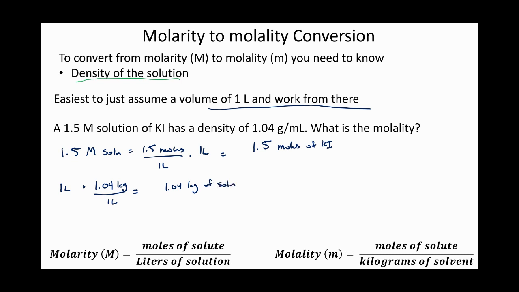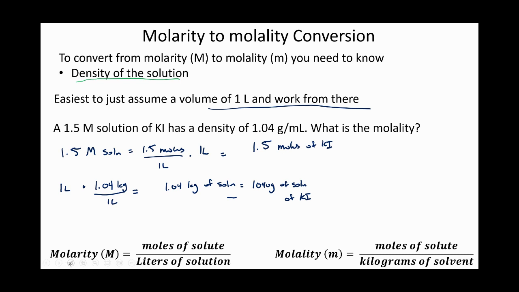And now we just have to do the last bit of the solve, where we take our 1.04 kilograms of solution, or 1,040 grams of solution, and subtract out our mass of potassium iodide. Very nicely, we have 1.5 moles of potassium iodide.